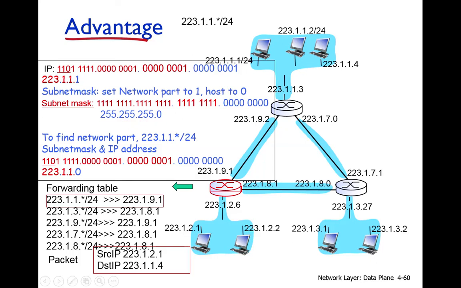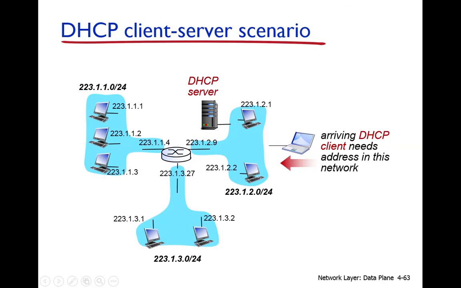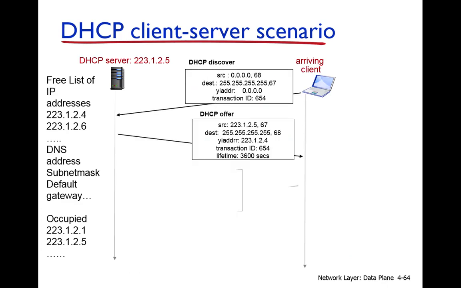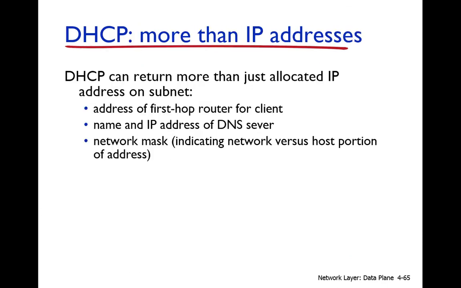Okay, so the DHCP message not only assigns the IP address, but it also returns the default gateway router address. It also returns the name and the IP addresses of the DNS server, and it also returns the network mask or the subnet mask.